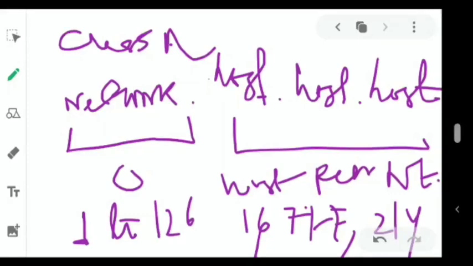The first octet represents the network ID and the last 3 octets represent the host ID. So a total of 126 class A type networks exist. Such addresses are generally used in a multinational company with a large number of networks.